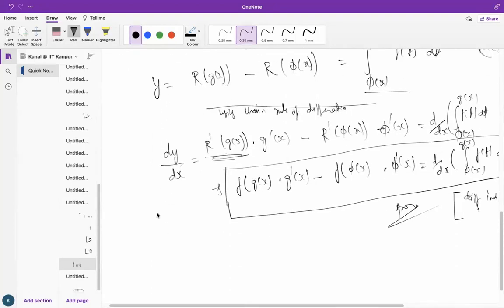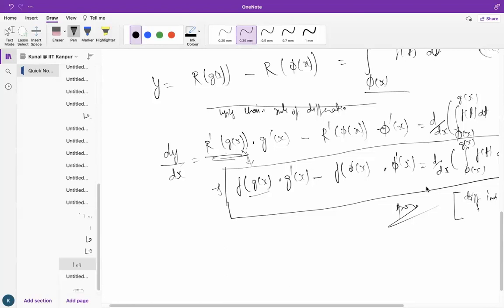And in the last step, I'm using the one thing, which is that the differentiation of an integral is the integrand. So when we differentiate the integral, we get the integrand, right? So we prove the Newton-Leibniz formula. Actually, it is important.